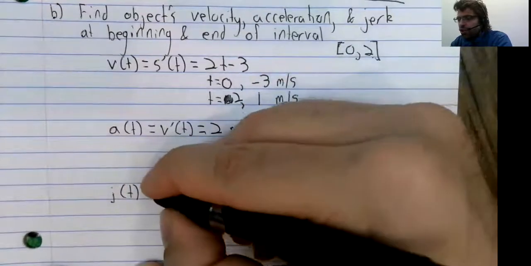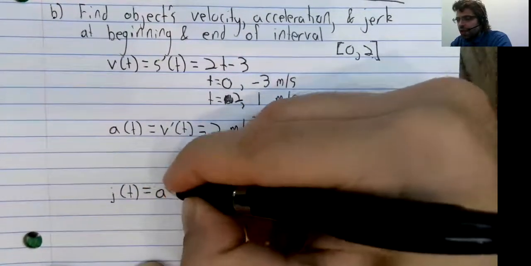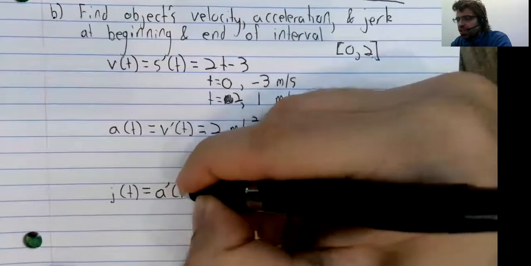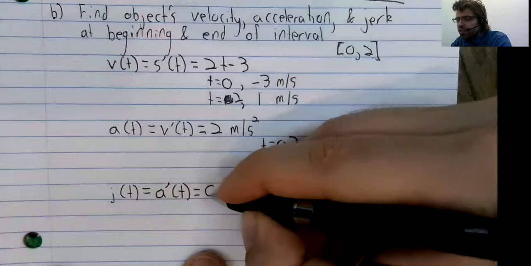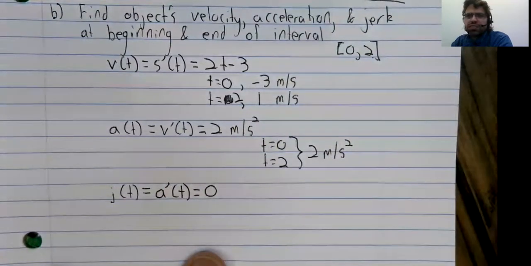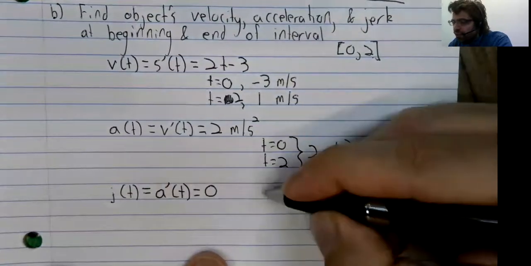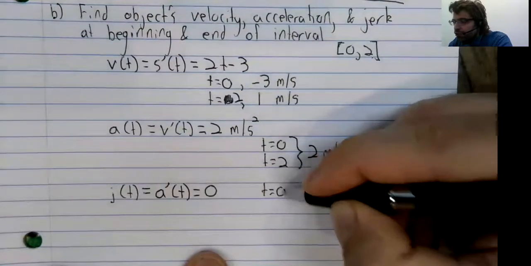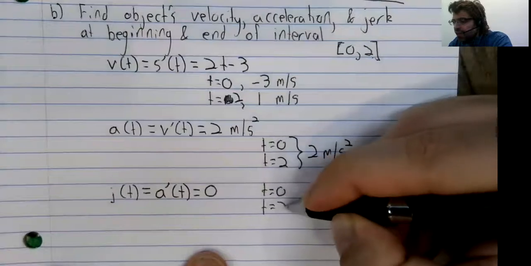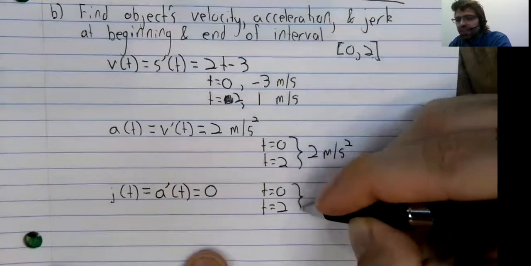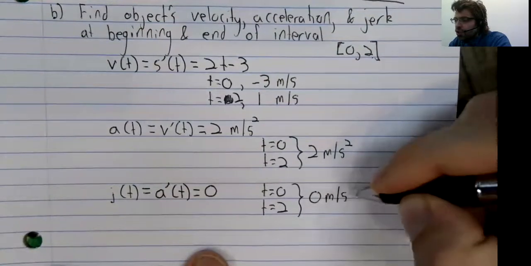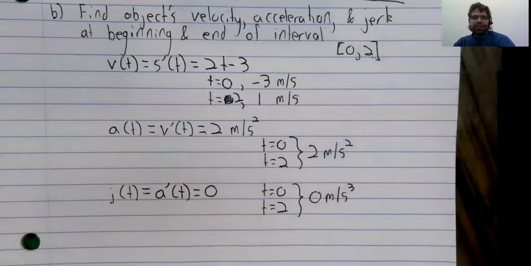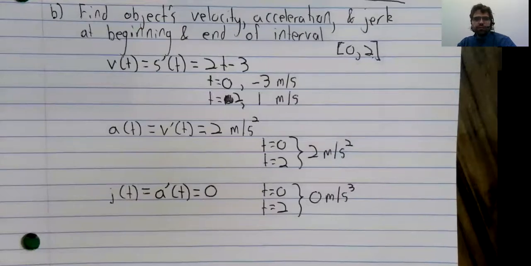And the jerk tells you how the acceleration changes. Constant acceleration, constant jerk, jerk of 0. And again, the way this is phrased, it's asking what happens at specific times, but the jerk is always 0.